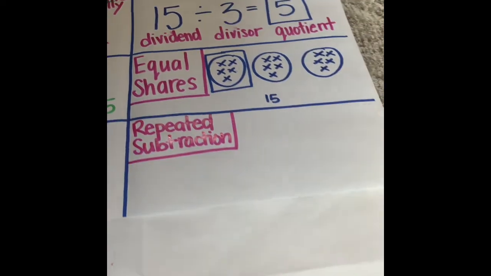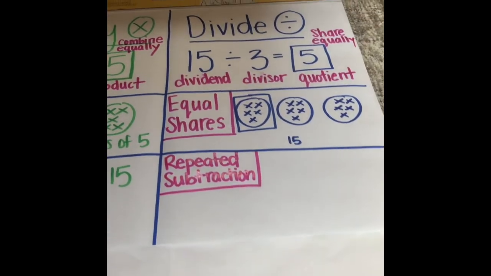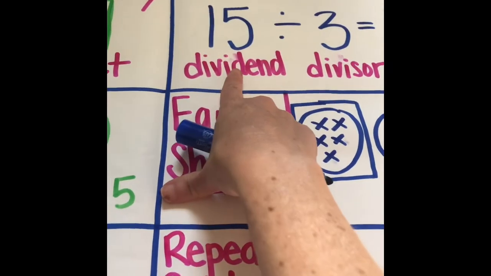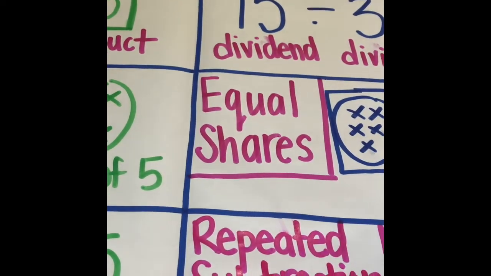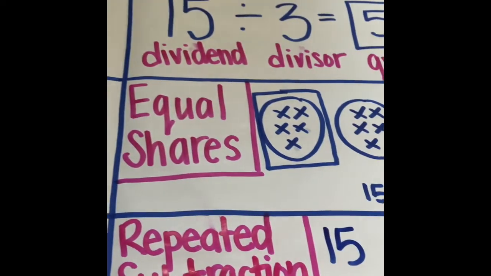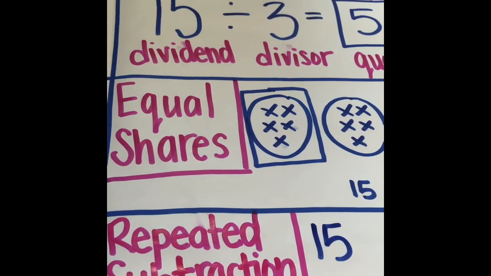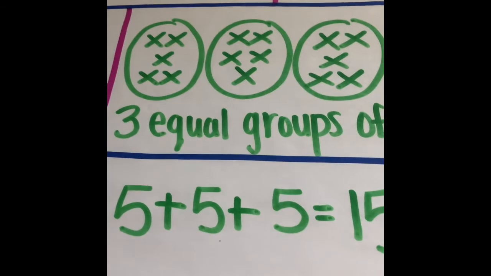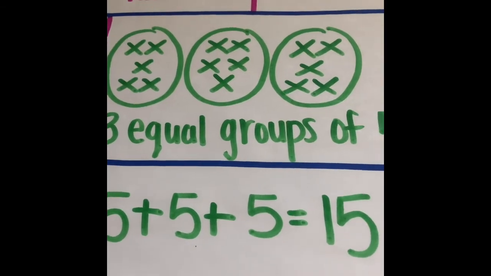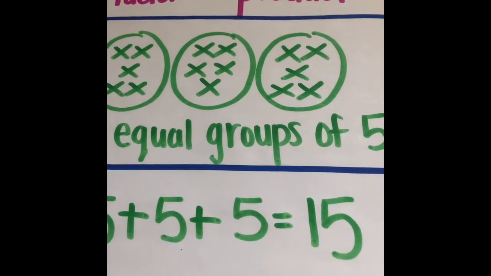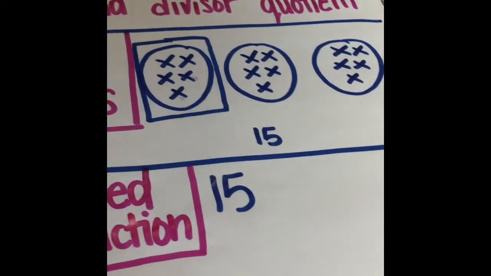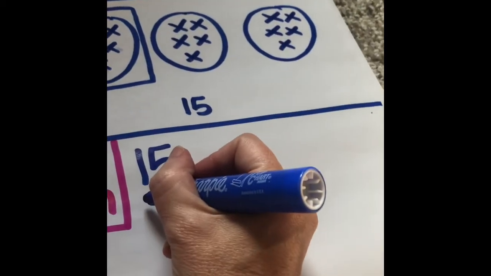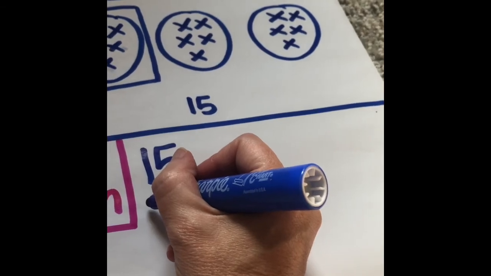So the way repeated subtraction works is, again, I'm going to start with my dividend, my big number, so that's 15. And this time, instead of repeatedly add, I'm going to repeatedly subtract. So I'm going to repeatedly subtract 5 until I get to 0.